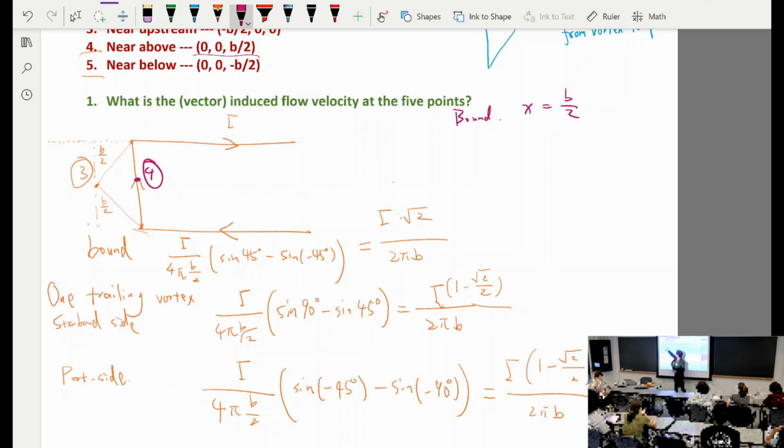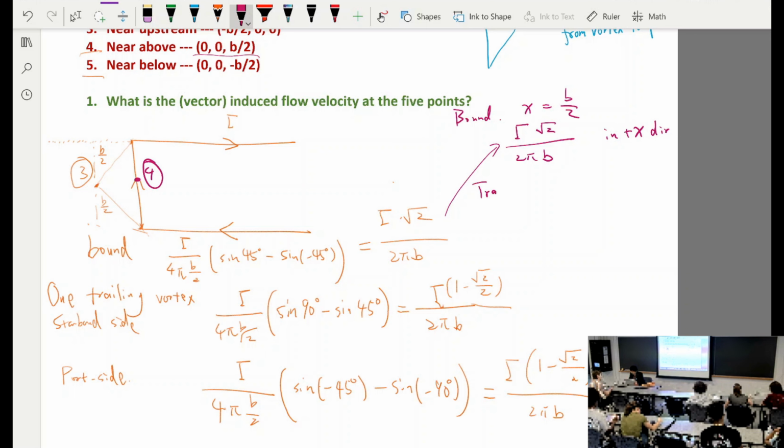So if my thumb points towards the direction of the vortex, the velocity goes downstream. So I'm just going to copy the same magnitude here in the plus x direction.